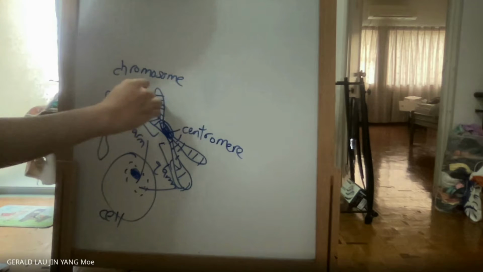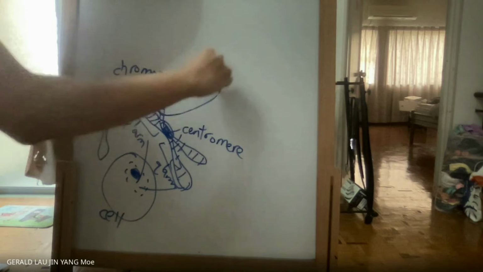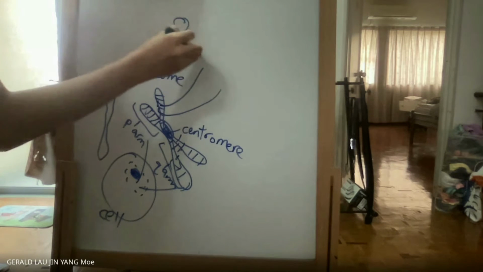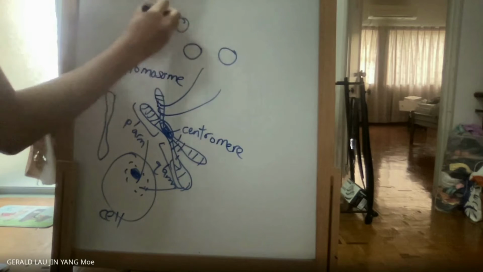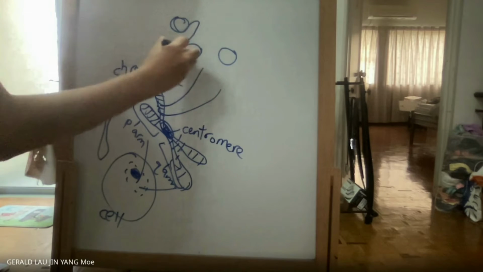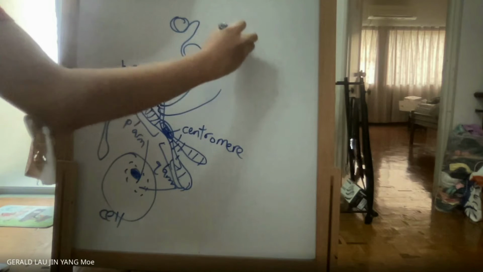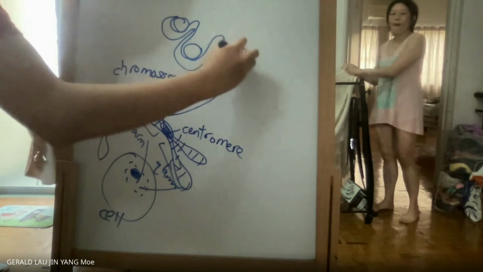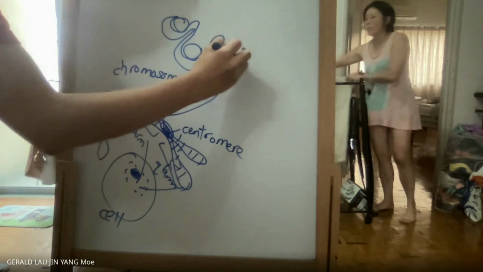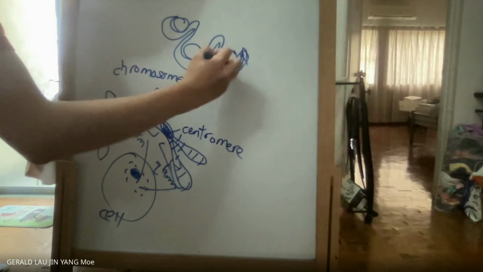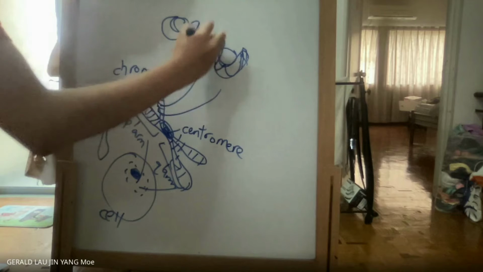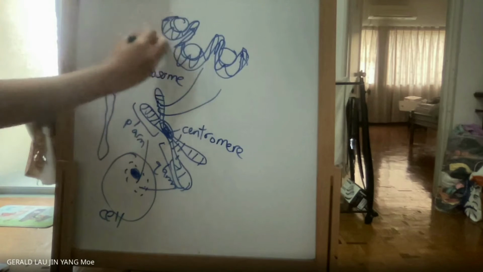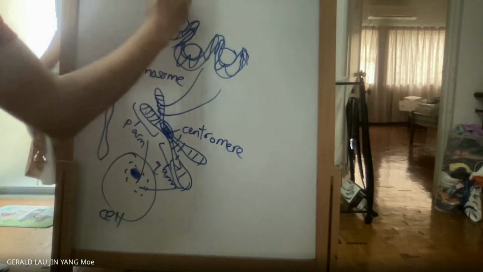We magnify again some more. You will find there are a lot of proteins called histones, and the DNA coils around these histones. All of this is called a nucleosome.